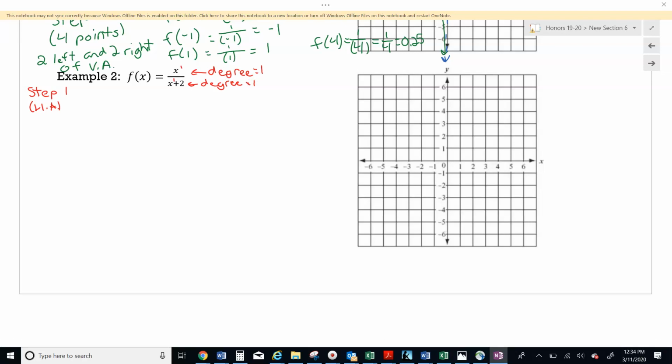So my degrees here are equal. I don't know why I spelled out denominator. You can abbreviate it if you'd like.